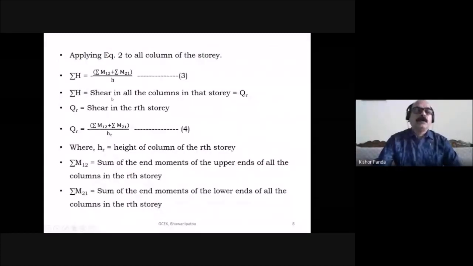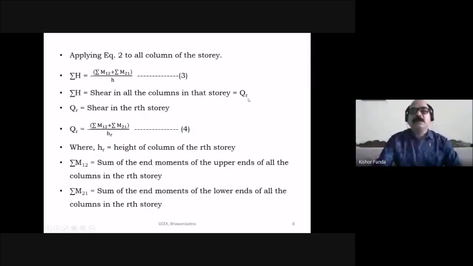This summation of H is the shear in all the columns in that story, so you can designate it by Q subscript r. Q_r is the shear in the rth story. So Q_r is equal to minus (summation of M12 plus summation of M21) divided by h_r. This is equation 4.